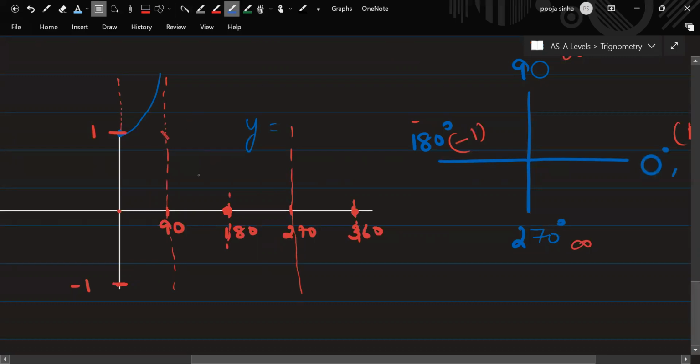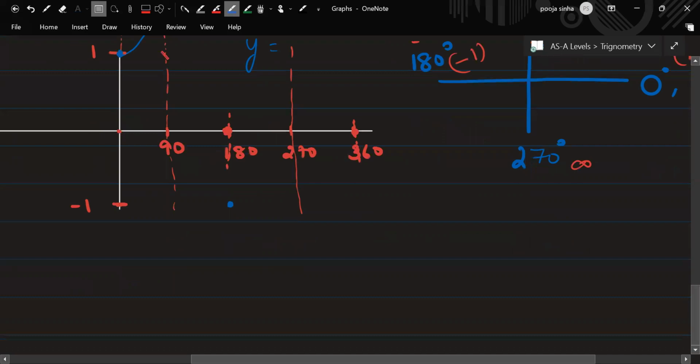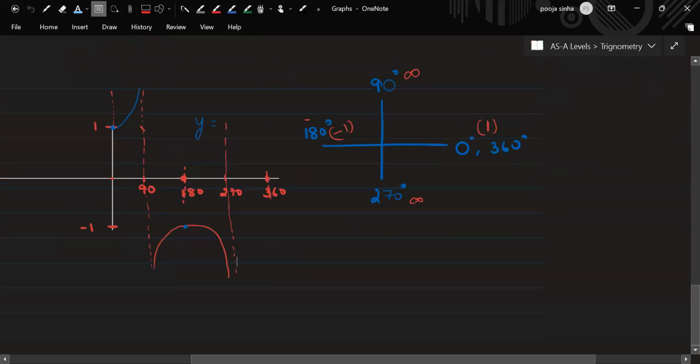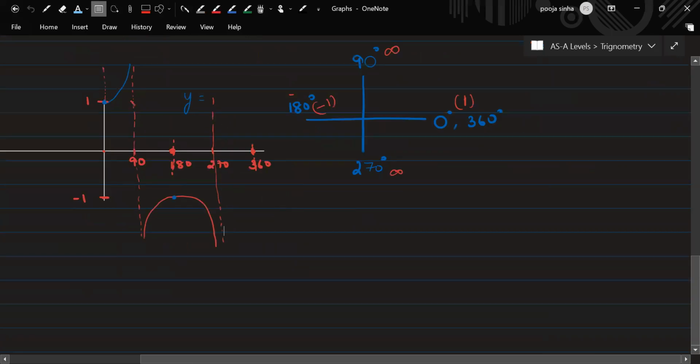At 180 it is at -1 here, but from 90 it is coming from infinity, from the negative infinity side downward. And at 270 again it is going to infinity. Since it is on the negative side, it's coming like this and like this. Now between 270 and 360, it's going from infinity and coming till 1, isn't it?